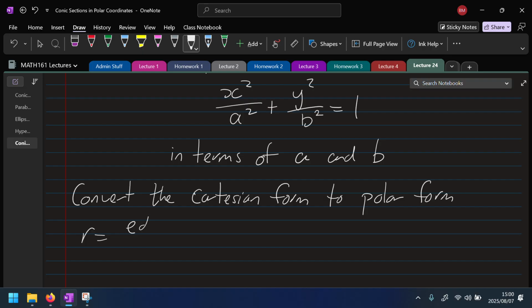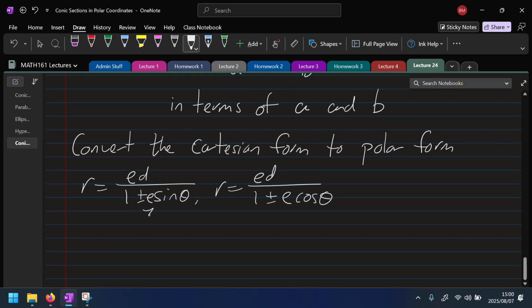So that will be r equals ed over 1 plus or minus e sine theta, or r equals ed over 1 plus or minus e cos theta, one of the two, depending on how you do it. And then whatever's in front of that, that's what we want. So you can try that out. Any questions on this?